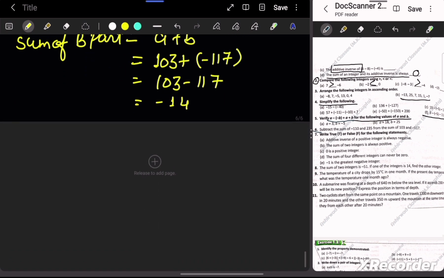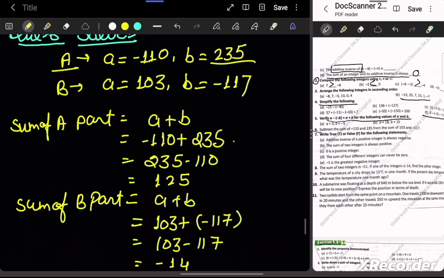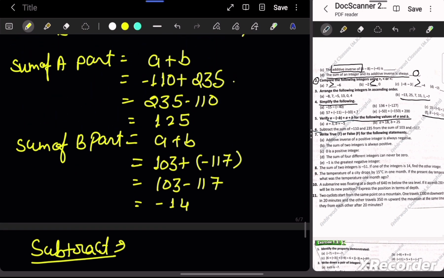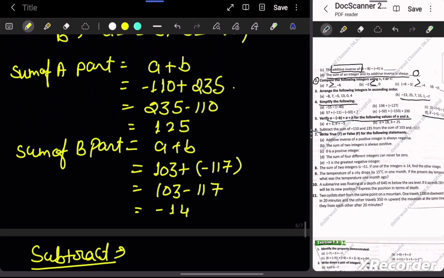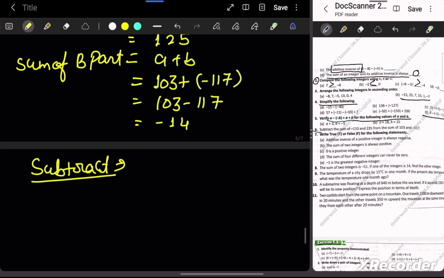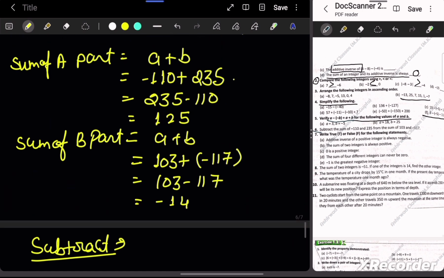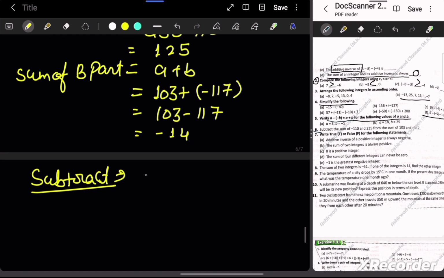Now subtract the sum from the sum. So subtract the part of a from the part of b. So b part minus a part.